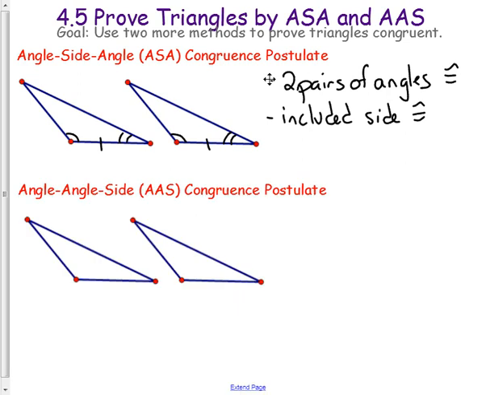The other version we're looking at today is angle, angle, side. So this is two pairs of congruent angles. And instead of being the included side, we call it a consecutive side.